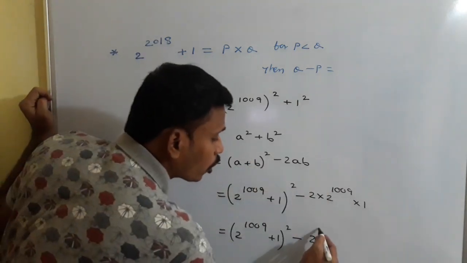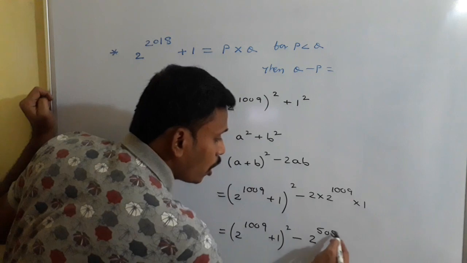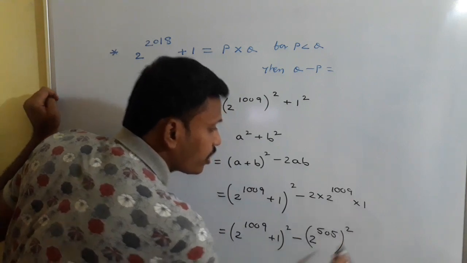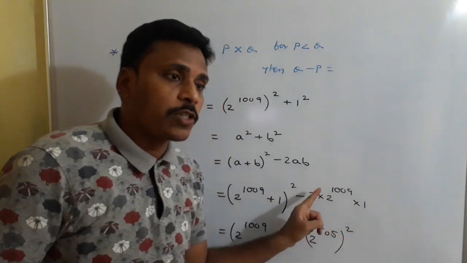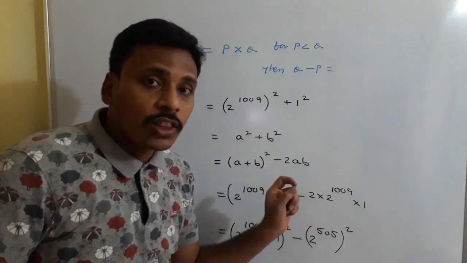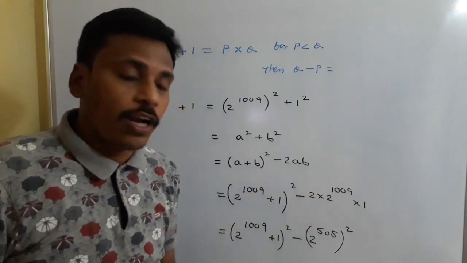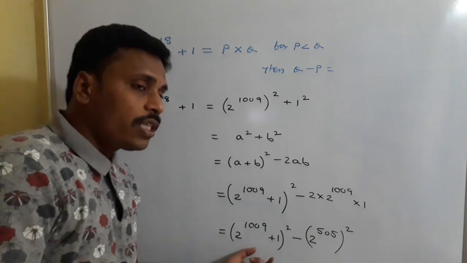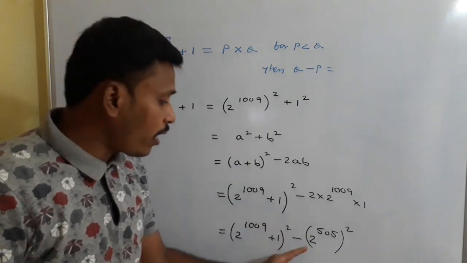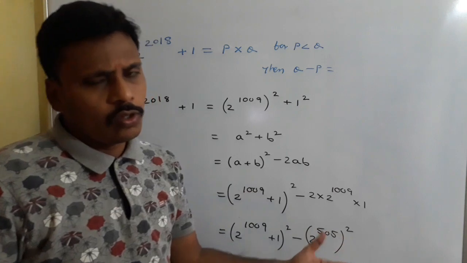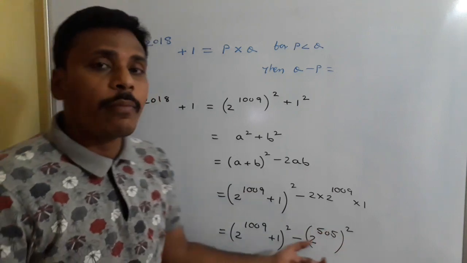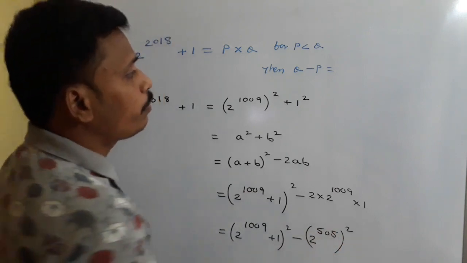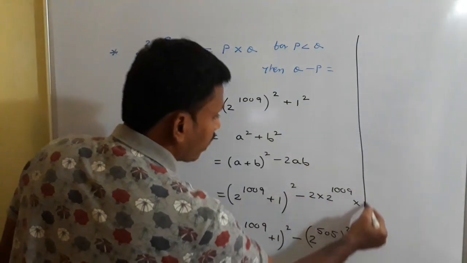And 2 power 1010 can be written as (2 power 505) square. Is it right? 1009 plus 1 is 1010, and 1010 is 2 into 505. So I have a chance to write it like this. And now if you observe, this is of the format alpha square minus beta square. So what do you say? Alpha square minus beta square is (alpha plus beta) into (alpha minus beta), right?